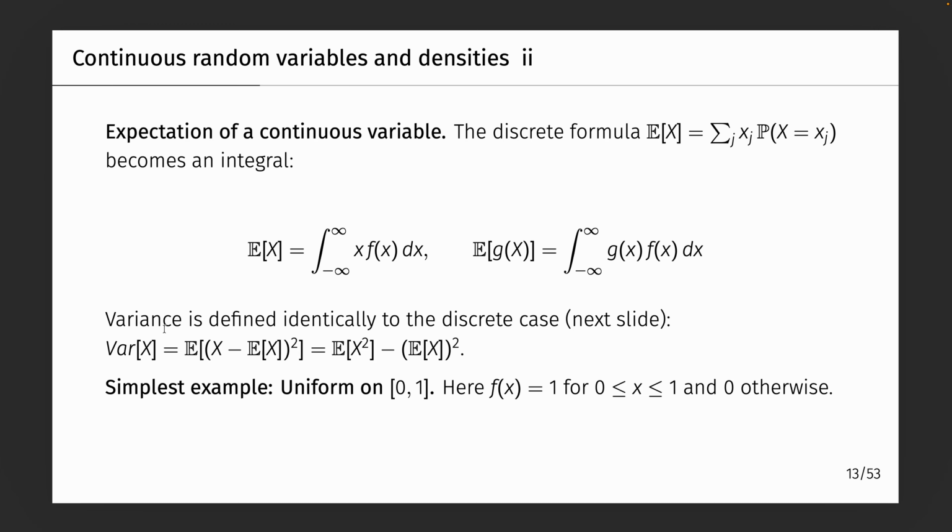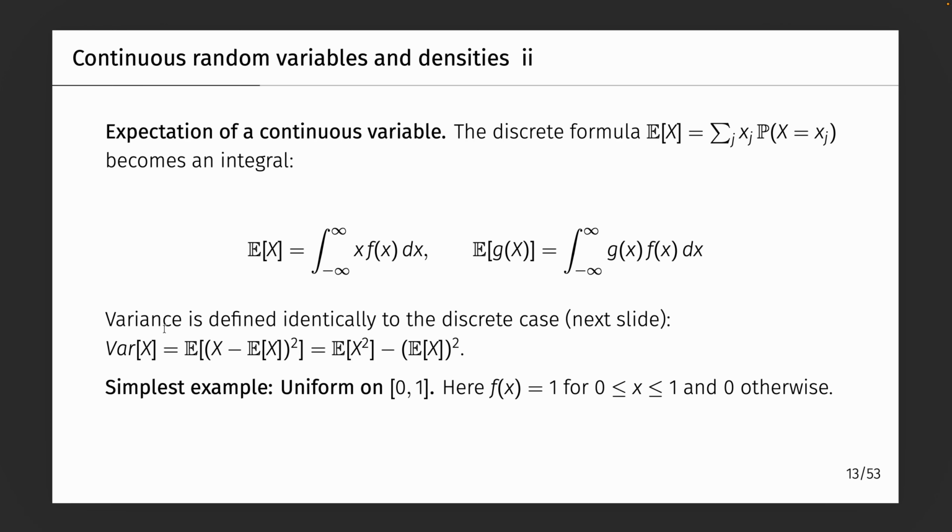The variance of a random variable is the expectation of how much my random variable differs from its expected value, squared. This is the definition of variance. So you will see how that gets simplified.